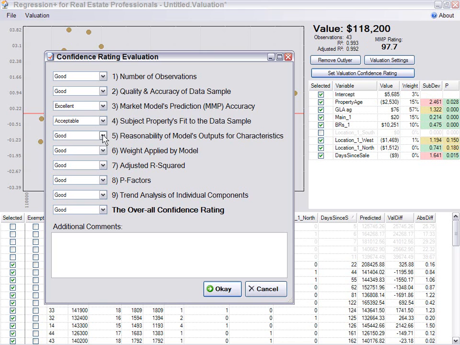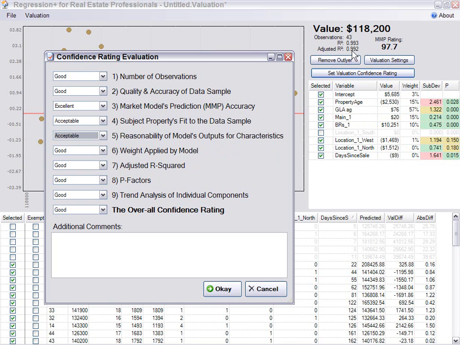Reasonability of the model's output. You see, you've got three choices: acceptable, good, or excellent. Reasonability of the outputs. We would look and see if these outputs look reasonable. Let's say they're acceptable. Weight applied by the model. That's these weights, and your gross living area should be the heaviest weight. I like the intercept being low, but it doesn't have to be. So I'm going to say that's good.